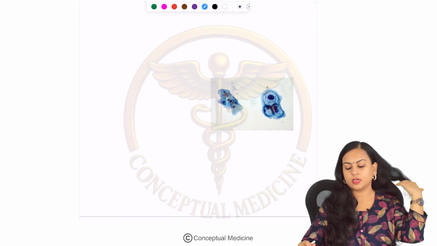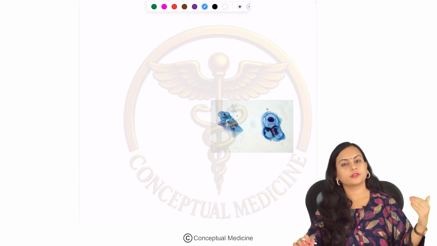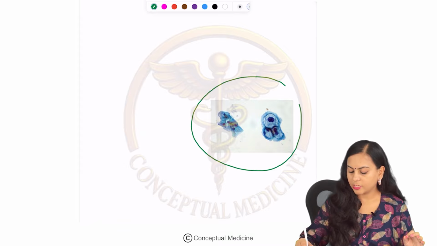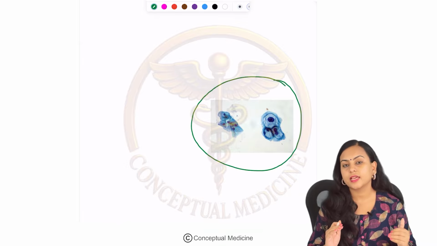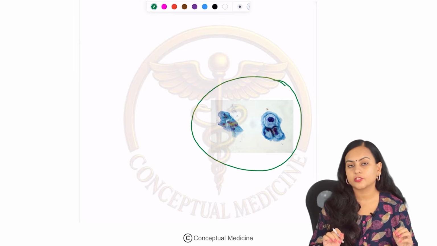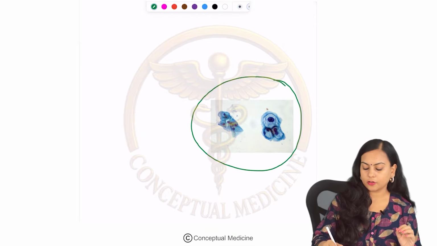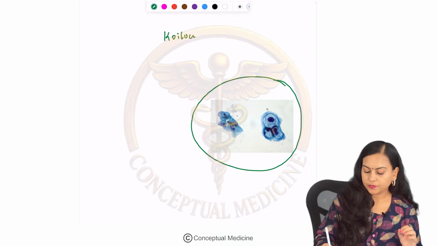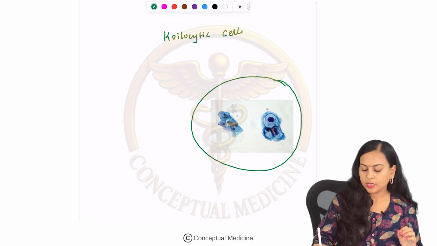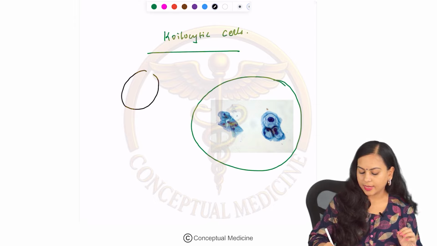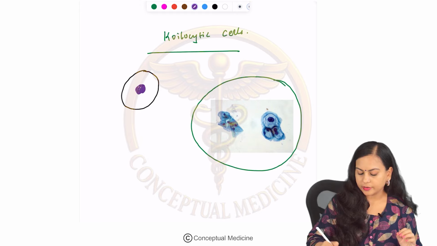Now, before going on to the discussion of the HPV vaccine, let me tell you, when HPV is invading the epithelium, it produces certain changes and the cell is transformed into a special type of cell called the koilocytic cell. These cells are larger in size, and have a bigger hyperchromatic nucleus with a perinuclear halo.